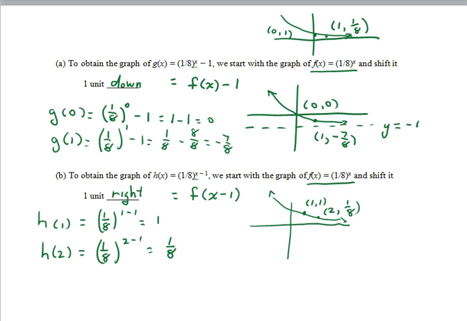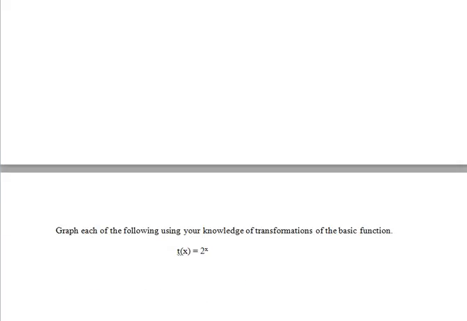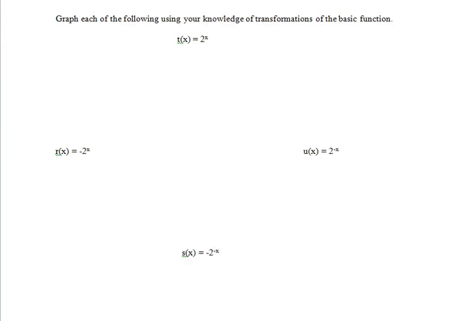Now, we have another question to do in this video, and it is to compare and contrast the graphs of y equals 2 to the x, y equals the opposite of 2 to the x, y equals 2 to the opposite of x, and y equals the opposite of 2 to the opposite of x.